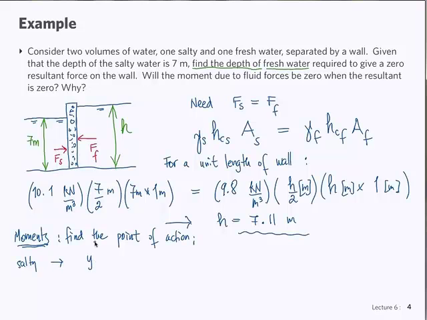We find y, the point of action, so let's call it yp for center of pressure, s for salty side, and that's equal to I of the rectangle divided by yc for the salty side times the area of the salty side, plus yc. We had yp minus yc equals this, so I'm just adding yc on both sides of the equation.